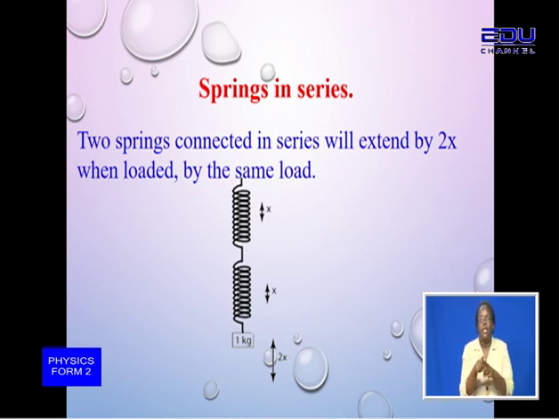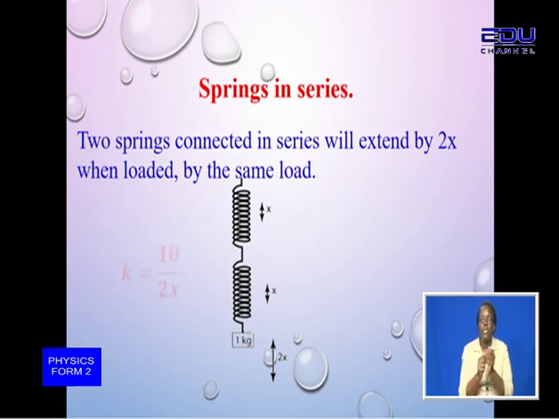Now, this particular example assumes that the two springs are weightless, and that the only weight acting on the two springs is the weight due to that 1 kilogram mass. So if that is the case, then each spring extends by the same amount, which means we have double the extension. So our extension here is 2x.